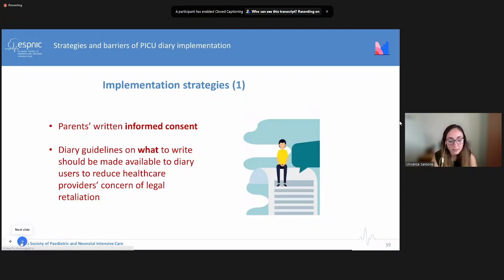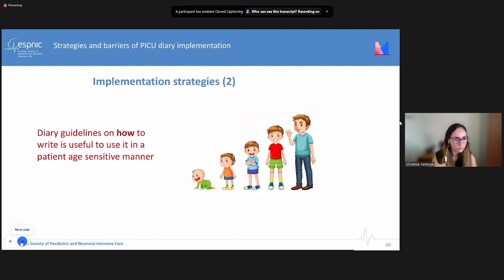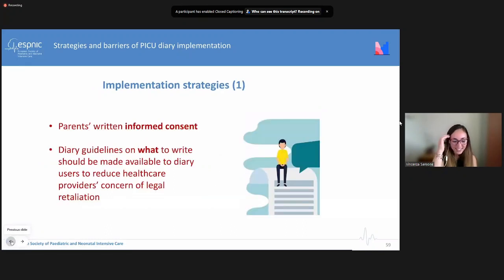In addition, clear guidance guidelines on what is correct to write and what absolutely should not be written in the PICU diaries is important to reduce healthcare workers' fear.